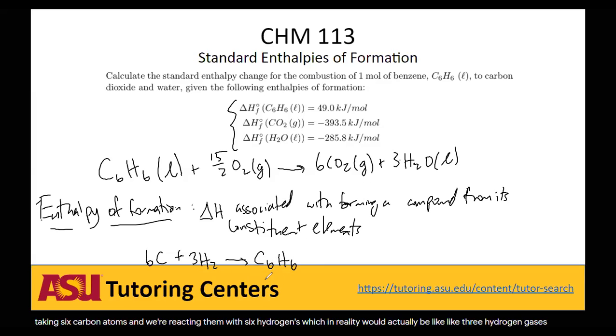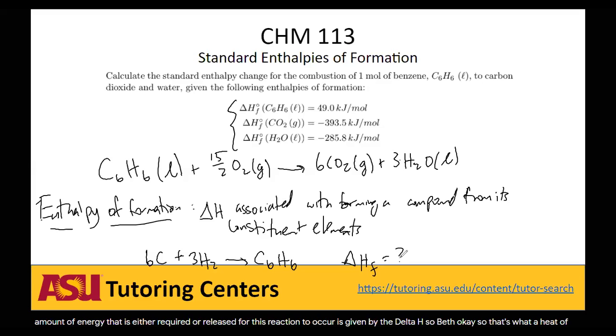So we're breaking down the constituent elements, the carbon and the hydrogen, and imagining what that would look like as those individual elements form together to produce benzene. And the amount of energy that is either required or released for this reaction to occur is given by the delta H sub F. Okay, so that's what a heat of formation is.